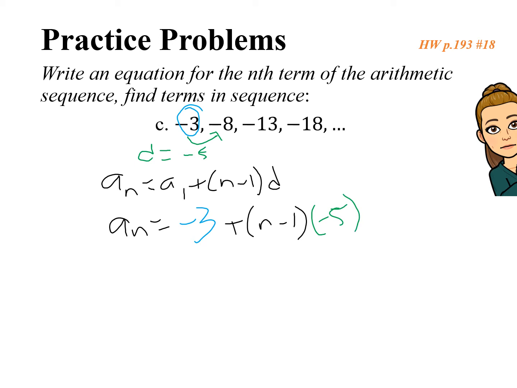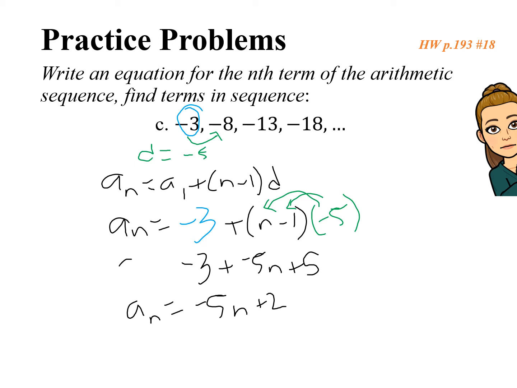I've got some distributive property that I can do. And I find out that -3 plus -5 times n is -5n, plus -1 times -5 is +5. Now when I combine that -3 and that +5, combining my like terms, I get a sub n equals -5n plus 2.